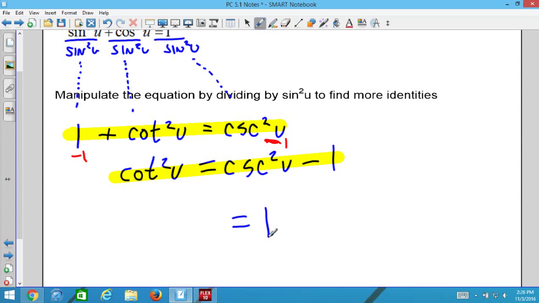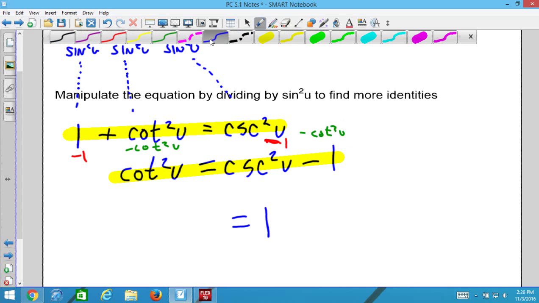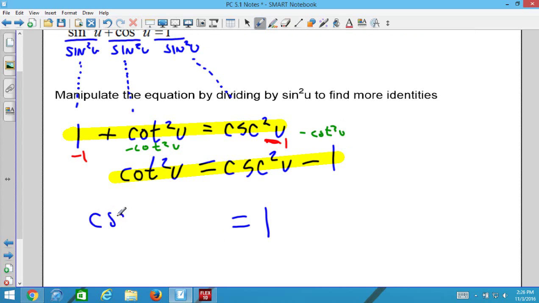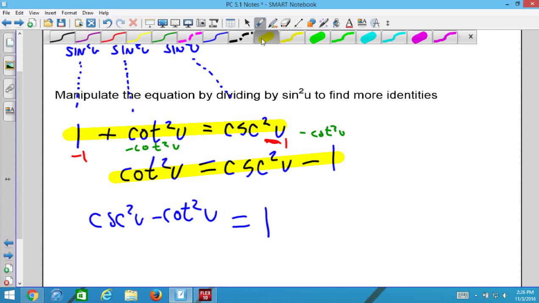If I subtract that cotangent squared from both sides, let's do it in a different color, then I get cosecant squared u minus cotangent squared u equals 1. So if you ever had an equation where you had cosecant squared u minus cotangent squared u, you could say, oh, I don't need all that. I can just replace that with 1. So that's number 6.